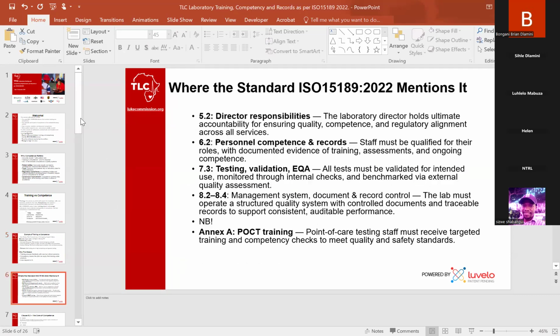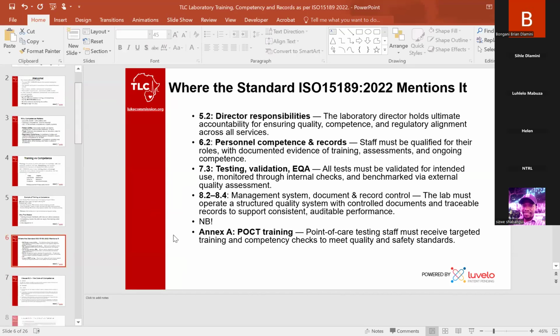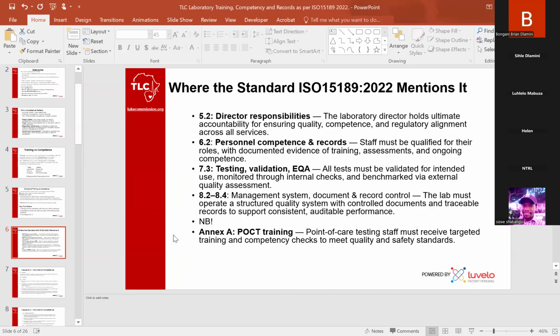Okay, now we go to the tricky part, the ISO 15189-2022, where it is mentioned. It starts off with 5.2. It starts right at the top. Director responsibilities. The laboratory director holds ultimate accountability for ensuring quality, competence, and regulatory alignment across all services.